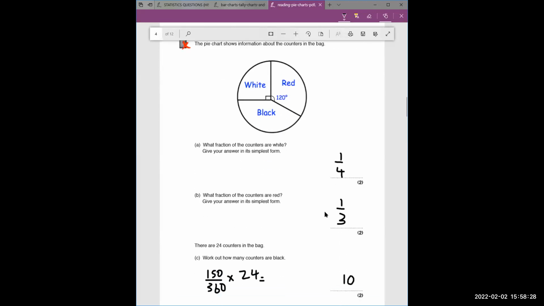All right, very good. You fully remember pie chart now. That's a calculation I wanted to see. And you know how to construct a pie chart if they give you the information, right? All right, very good.